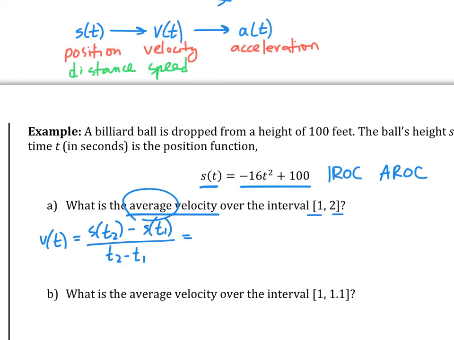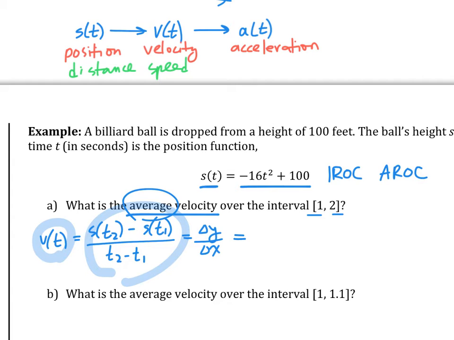So remember, this is really change of y over change in x, right? Because slope is just the derivative. And then we know that velocity is the derivative of position.